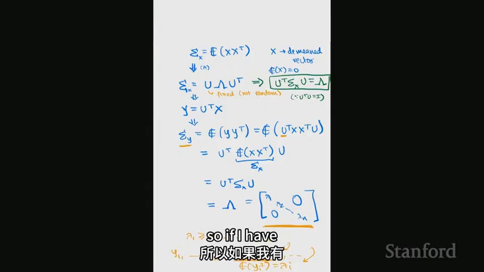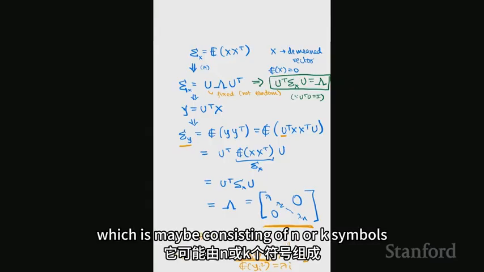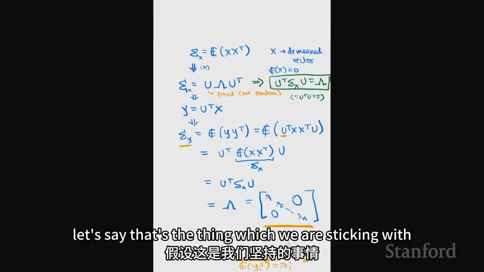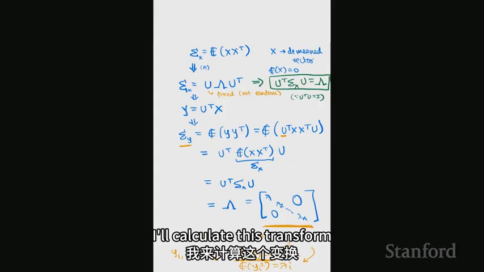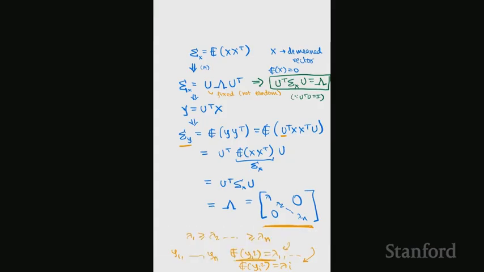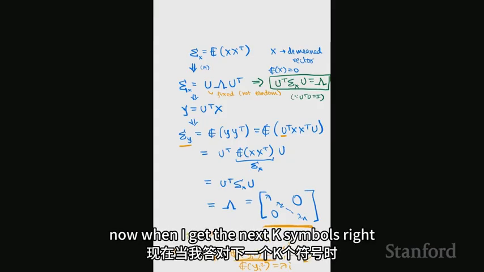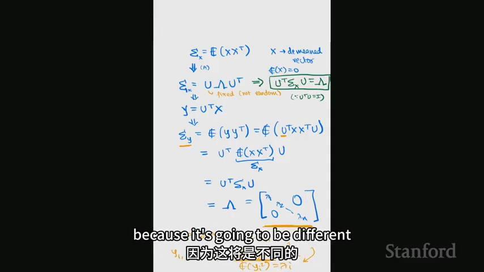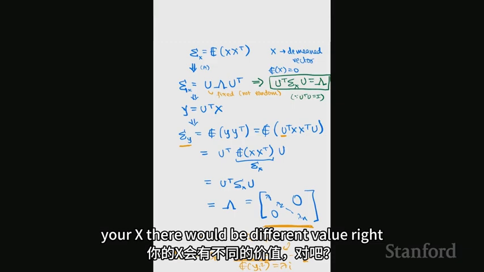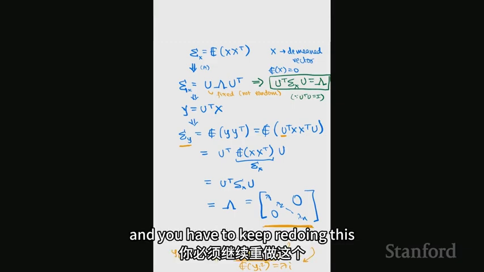So if I have my first block of X, which consists of K symbols, let's say that's the thing we are sticking with, I'll calculate this transform and I'll get something. Now when I get the next K symbols, I have to again calculate this transform because it's going to be different. Your X there would be a different value, right? And you have to keep redoing this.